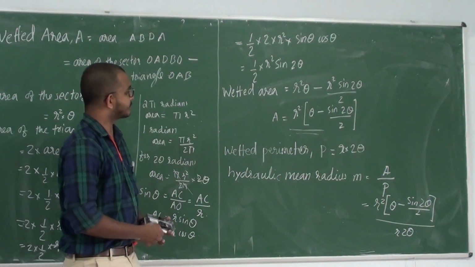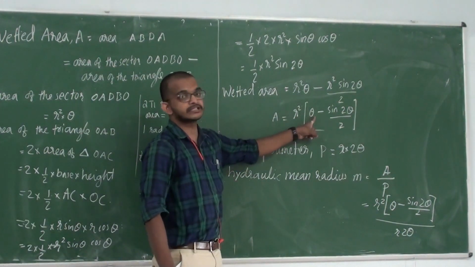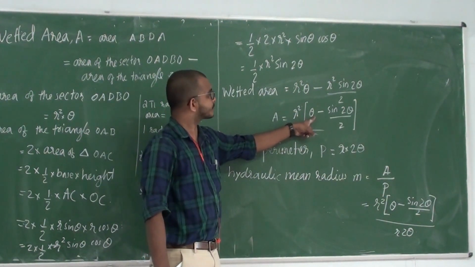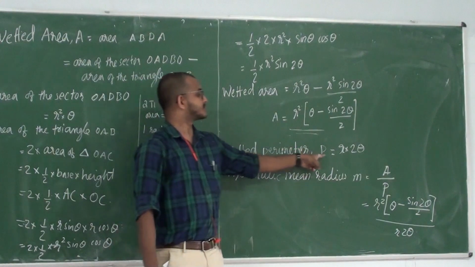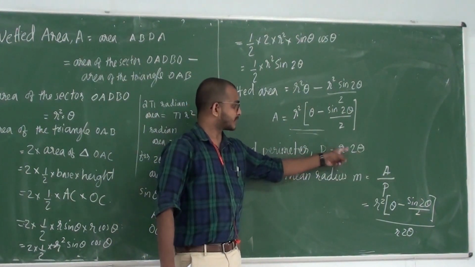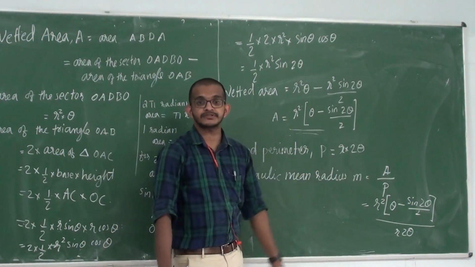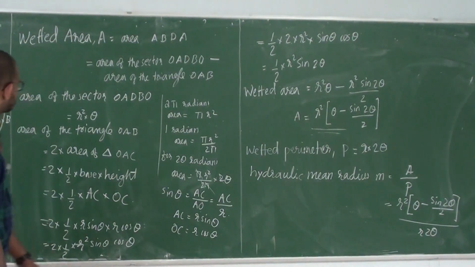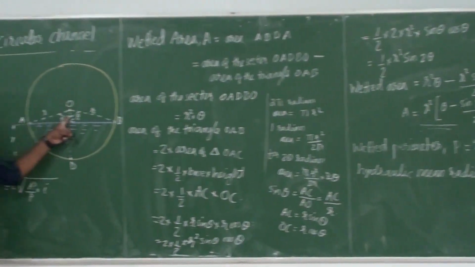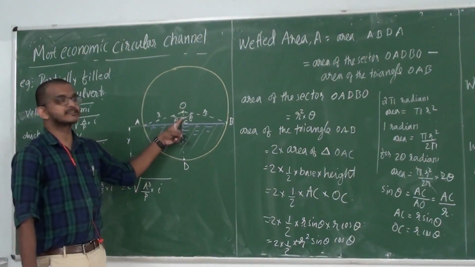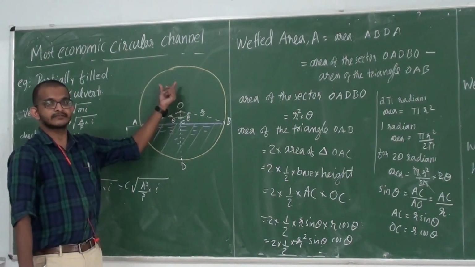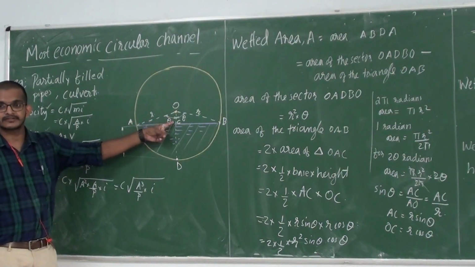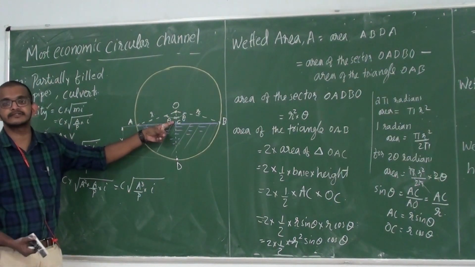Vectored area is a function of theta. That means area varies if theta changes, and also the vectored perimeter P is equal to r into 2 theta. So for a given radius, if theta changes, then vectored perimeter also changes. That means both the area and perimeter are functions of theta. What is theta? Theta is the angle subtended at the center. So when theta changes, if water rises, that means if the depth of flow changes, theta changes, the angle subtended at the center changes.